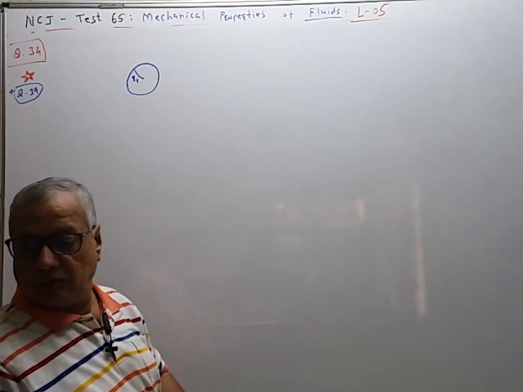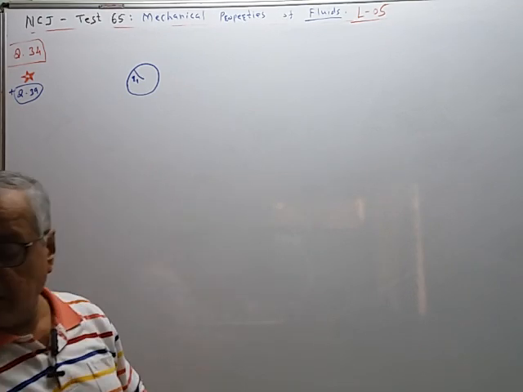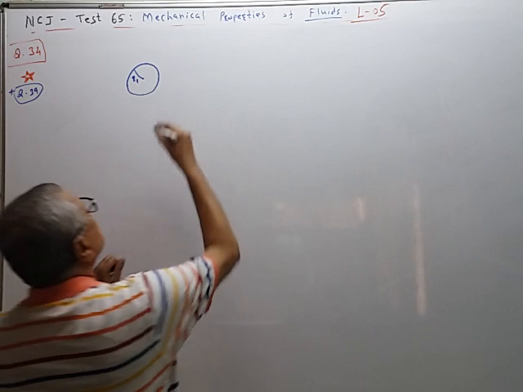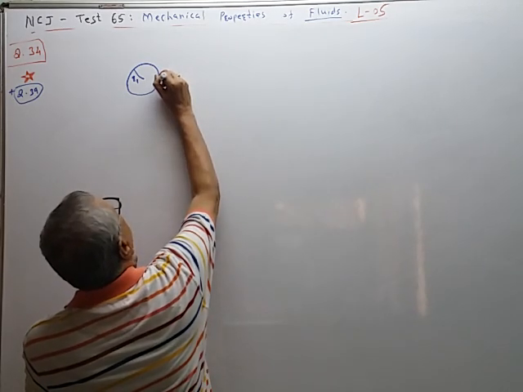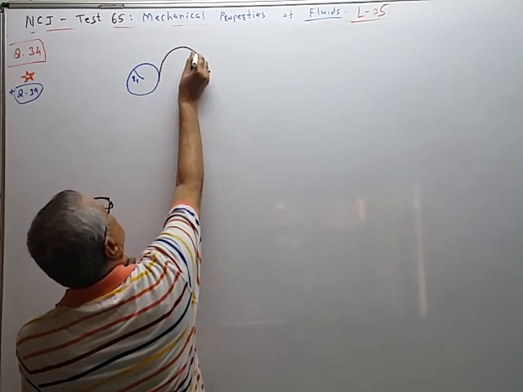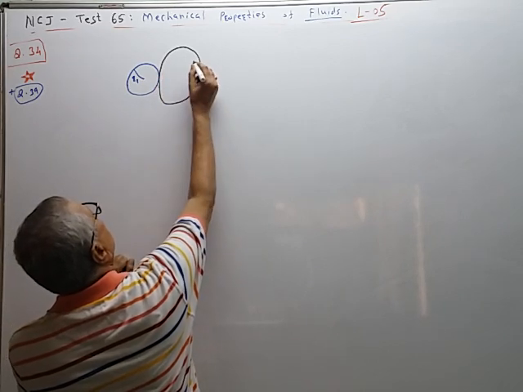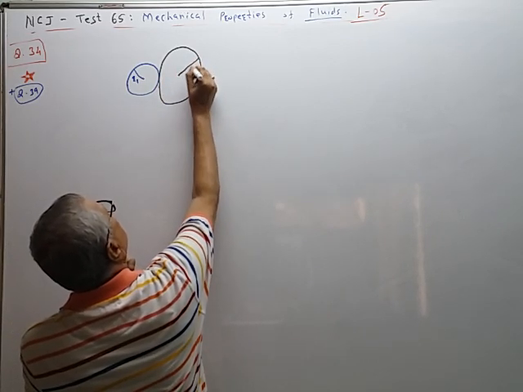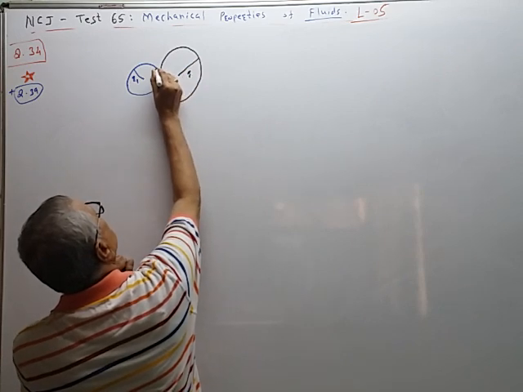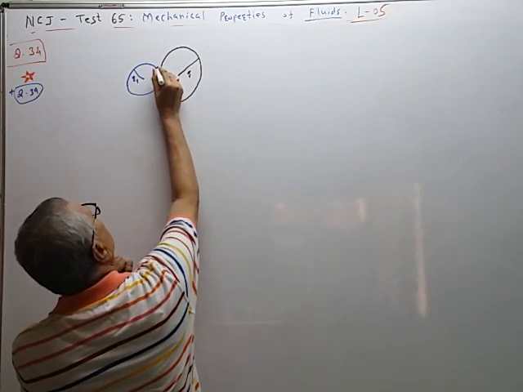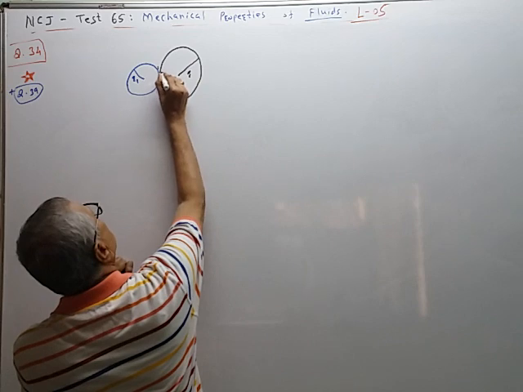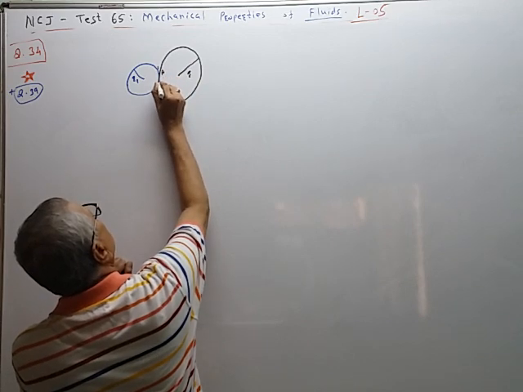This is a larger bubble of radius R2, and this is A. This is point A, this is point B.